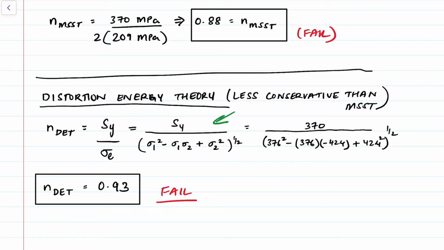So it makes sense that the factor of safety that you calculate in the distortion energy theory will be higher than the factor of safety that you achieve in MSST.